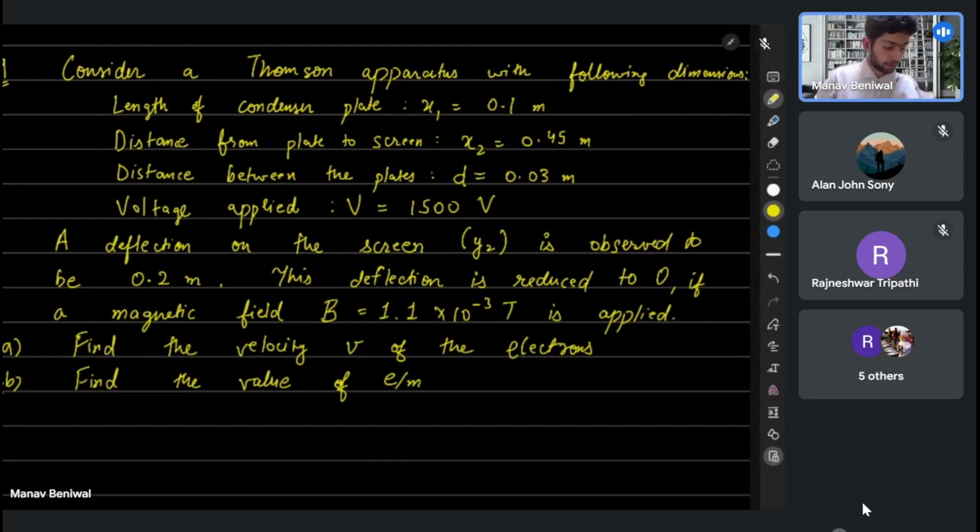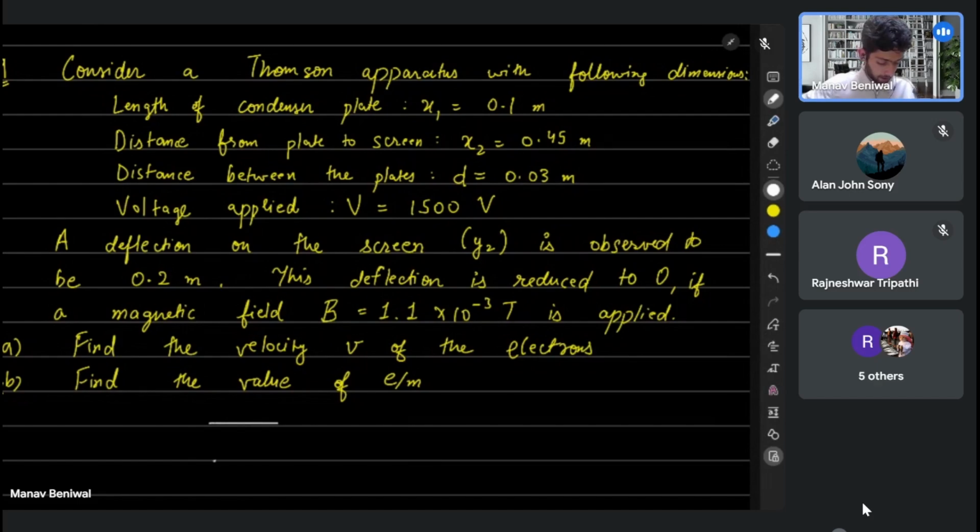So let me first draw a diagram of this Thomson apparatus. I'm sure you guys have attended the lectures and the professor has discussed this experiment, and the notations written here are exactly the same as were discussed in the lectures. Anyway, I'll draw the condenser plates here.